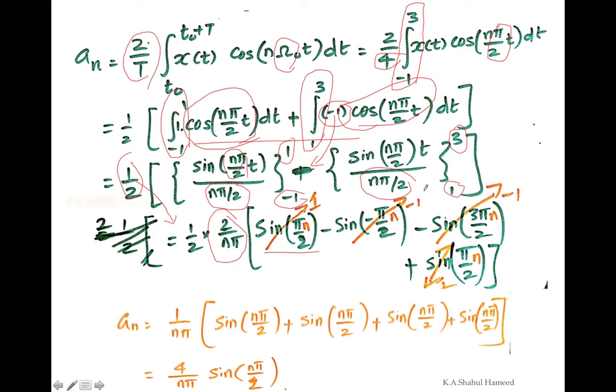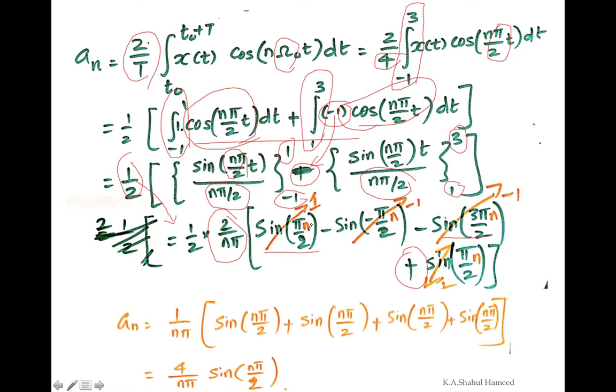Similarly, the second term is minus sin, with upper limit 3, so sin 3 n pi by 2, and the lower limit 1. Here minus into minus will be plus, so plus sin n pi by 2 for the lower limit 1.